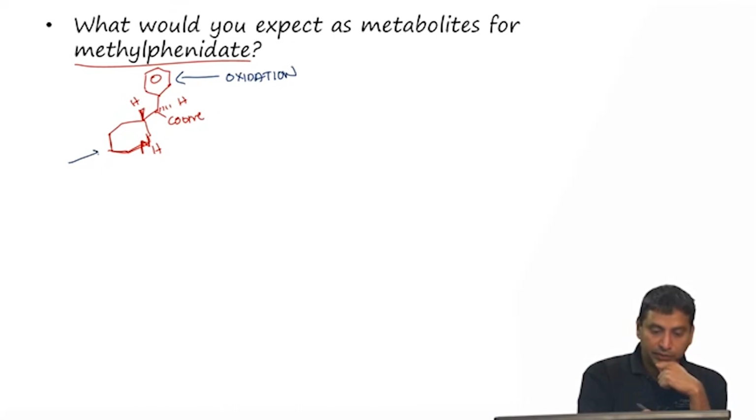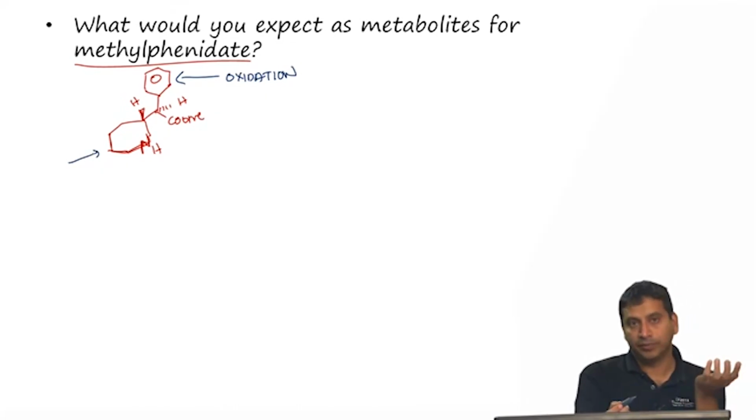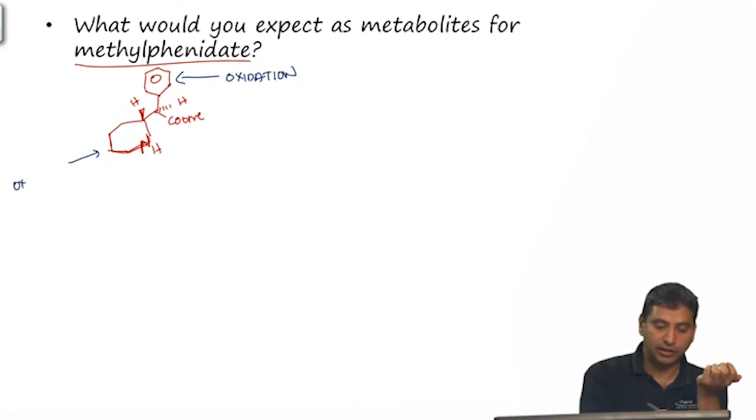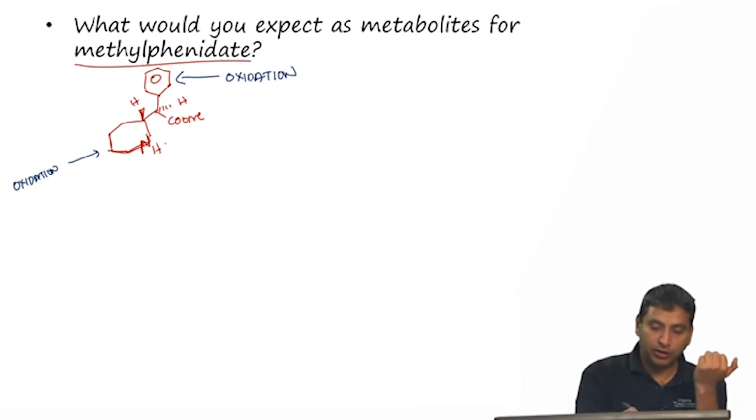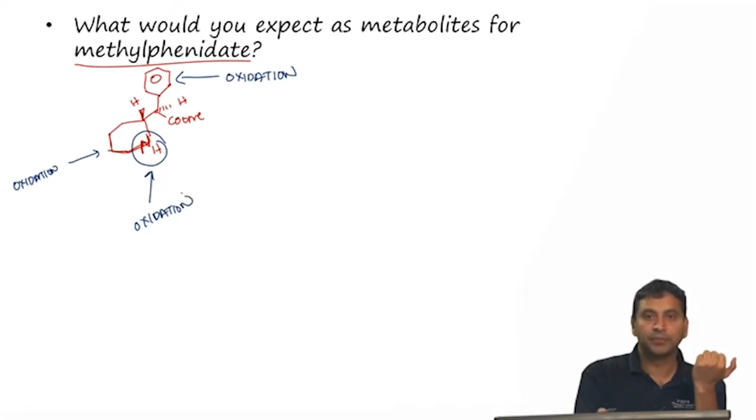You can also have on the carbocycle or the heterocycle, you have CH2s which are exposed, and these again can undergo oxidation. Okay. And we have already looked at that the nitrogen NH can undergo oxidation, and this ester can undergo hydrolysis.